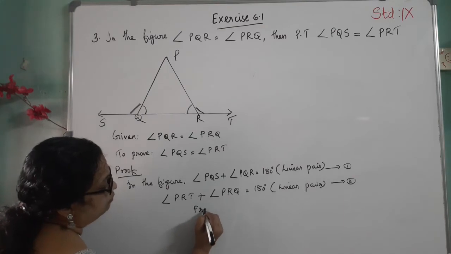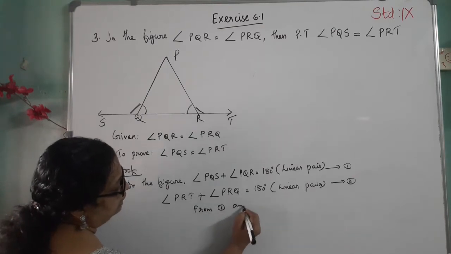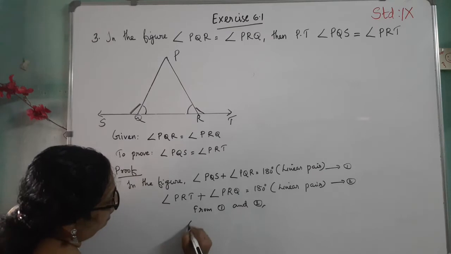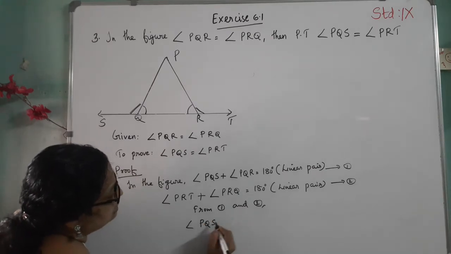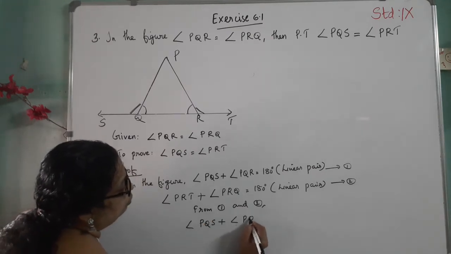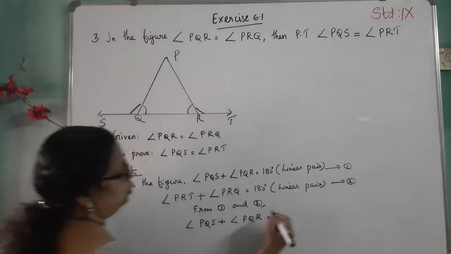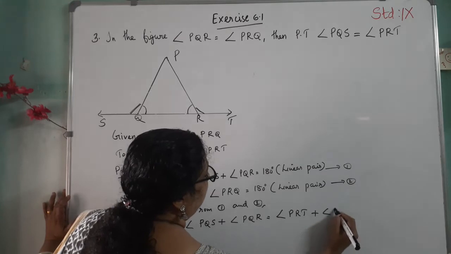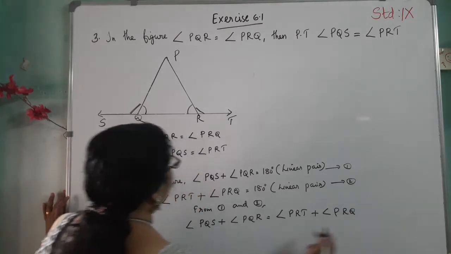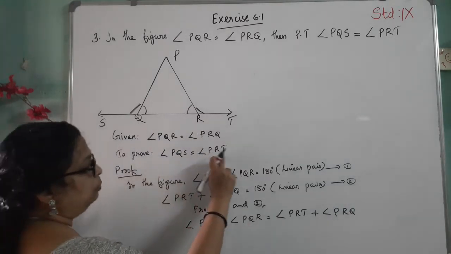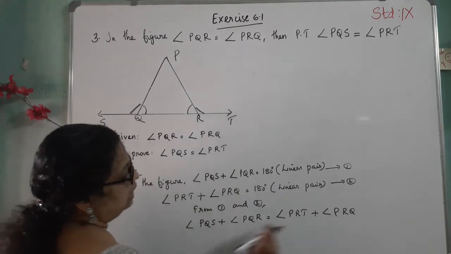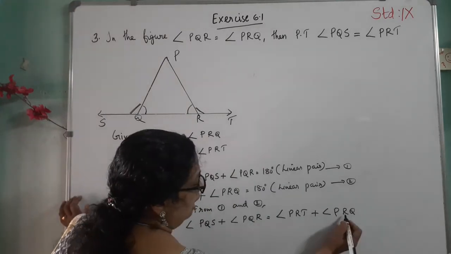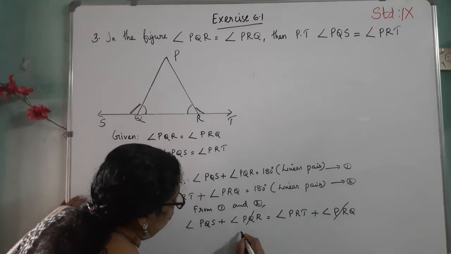From 1 and 2, angle PQS plus angle PQR equal to angle PRT plus angle PRQ. Angle PQR and angle PRQ, these two angles are equal, so we can cancel.